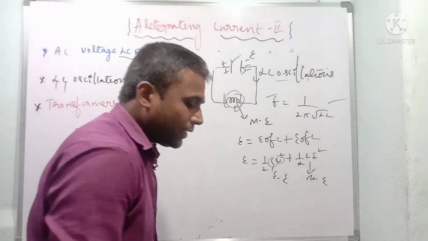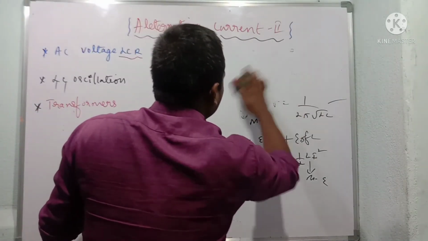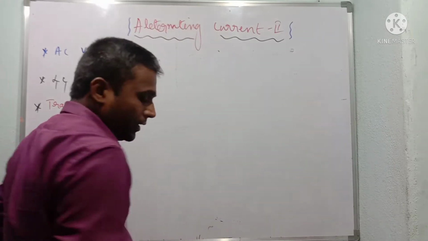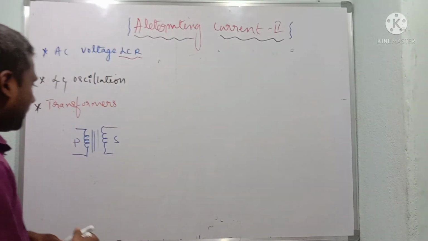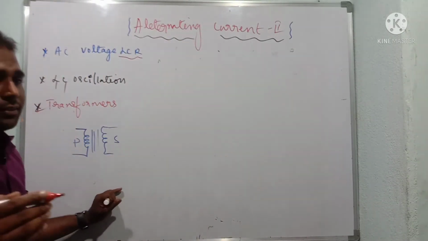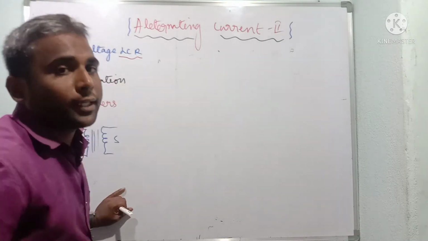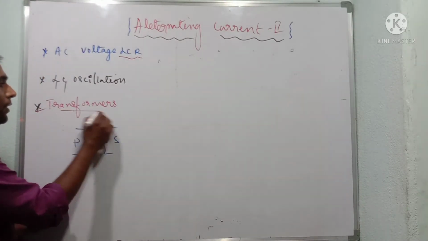So after understanding this, let us go for the next term, transformer. So dear students, what is transformer? You might have heard that in your areas sound will be produced. So what is transformer? It is the device either to increase or decrease voltage. So this is a symbol for transformer.